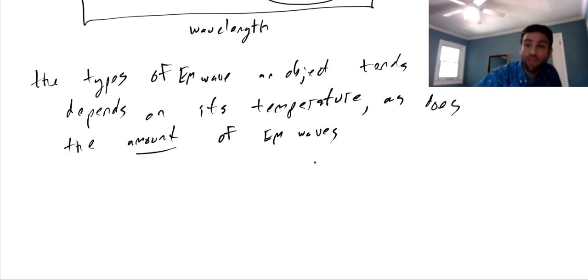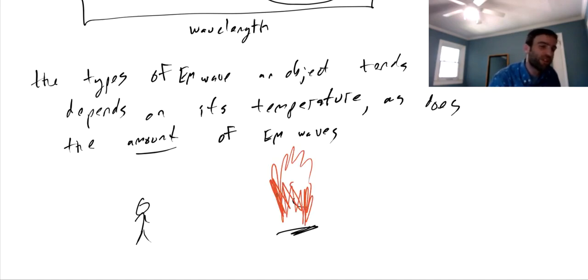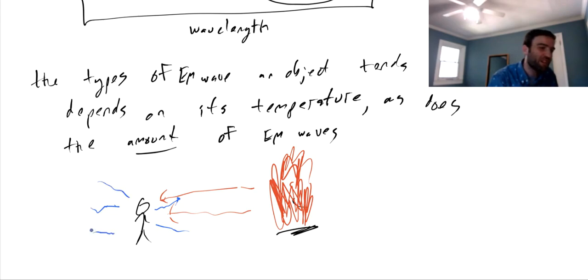Okay, so whenever two objects have a line of sight to each other, so suppose I'm standing over here and there's a roaring bonfire over here. The fire is emitting electromagnetic radiation and those waves are bombarding me. And at the same time, I'm emitting longer wavelength electromagnetic waves, throwing them off into space.